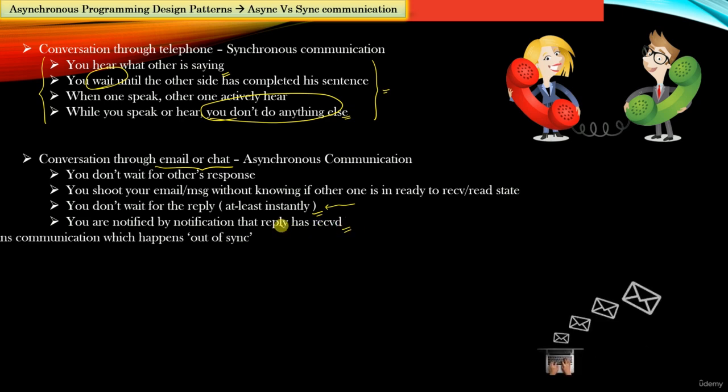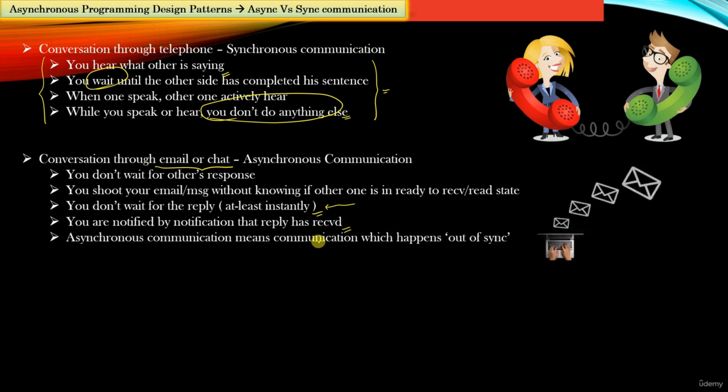So here you can see that asynchronous communication is all about communication which happens out of sync. The two parties simply do not care about the other. The one party does not wait for a reply, the one party sends its message whenever it likes to do so.